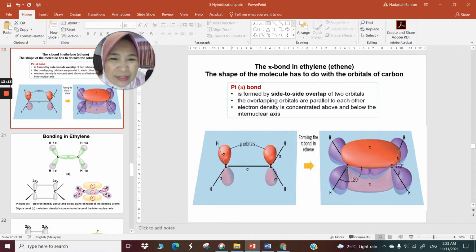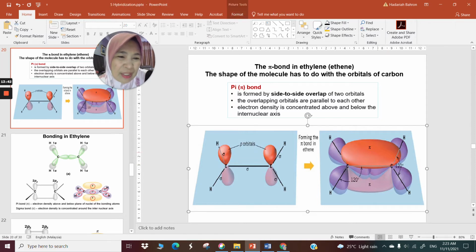When they overlap side to side, they're going to make a pi bond. And when these have made pi bonds, it's going to have a cloud of electron on top and below that sigma bond. Then you have a double bond. So you have one sigma bond, and the second bond between the two carbons is a pi bond.